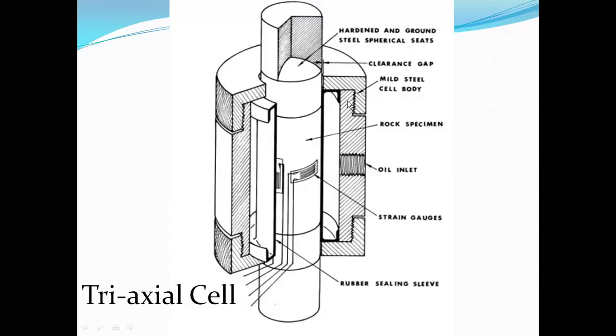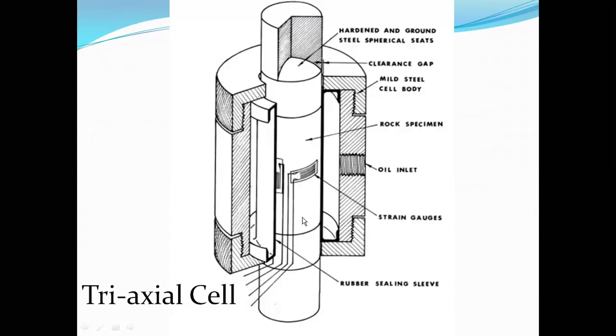This is a cell, guys. Look here at the cross section of it. This is an oil chamber. This is your rock specimen. There is a rubber sealing sleeve, or rubber membrane, as part of it. This is where the oil comes in, the oil inlet.